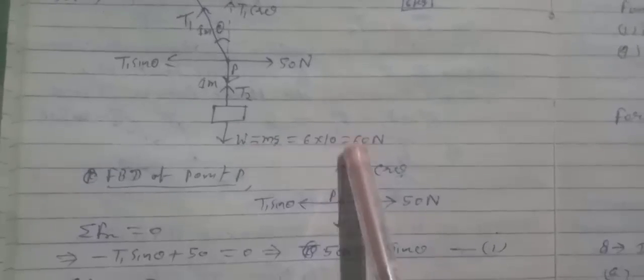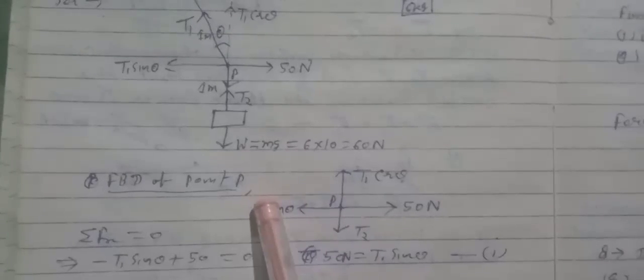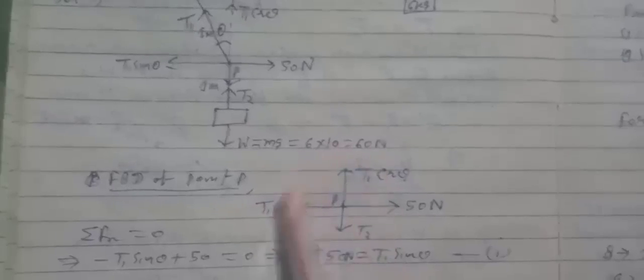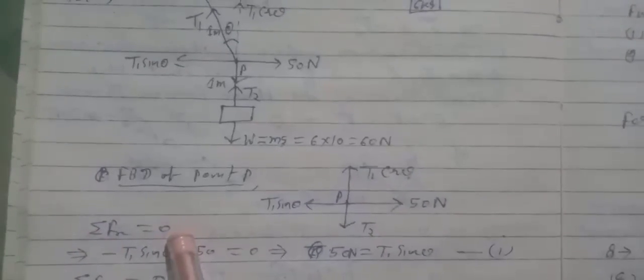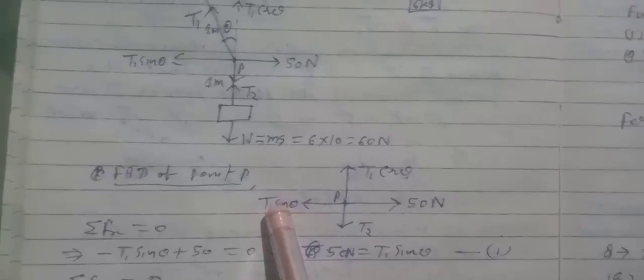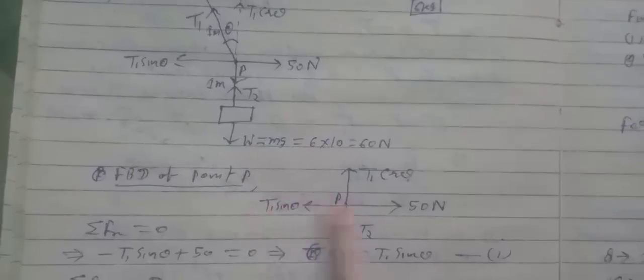So the force along this axis must be equal to 0, and the force along this axis must be equal to 0. Using sign convention, we write sigma Fx equals 0, that is, the sum of all forces acting along the x-axis must be 0.